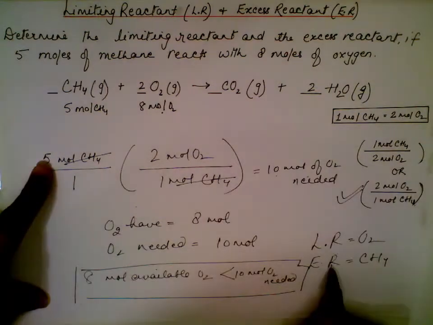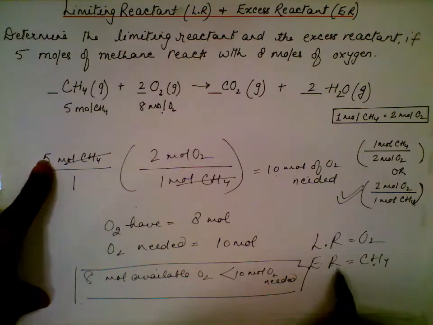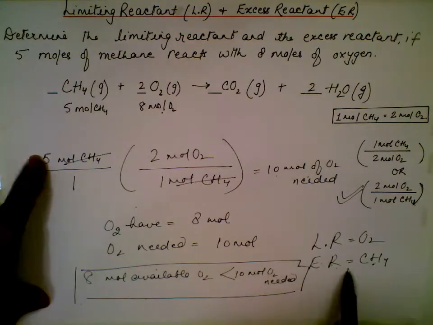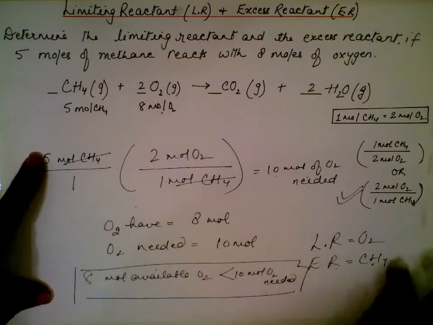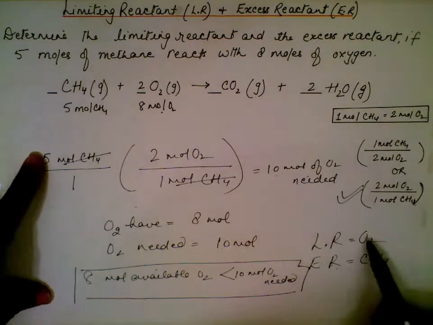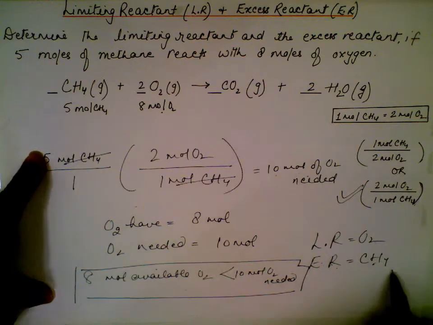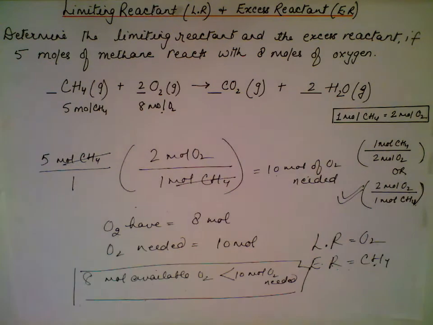The excess reactant, which is CH4 here, is the reactant which is available more than it is required. We don't have to solve anything for excess reactant here, because this problem is only asking which is the limiting reactant and which is the excess reactant. Since you figured out the limiting reactant, the other one is the excess reactant, and there will always be excess reactant left over after the reaction is complete.